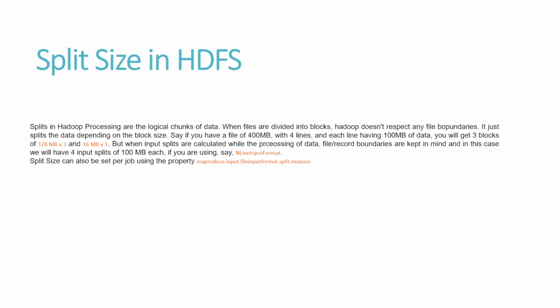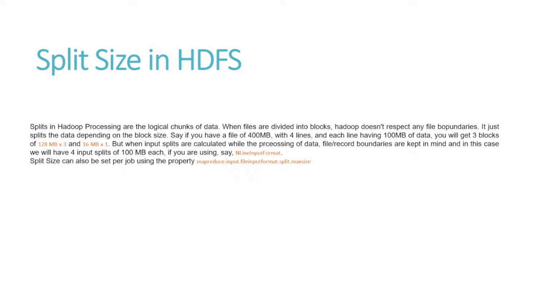And say you have a file of 400 megs with 4 lines, each line having 100 megs of data. You'll get 3 blocks of 128 MB, and then 1 block of 16 MB, which totals 400 MB. But when your input split is actually processing your data, you need to keep the file boundary or record boundary in mind.